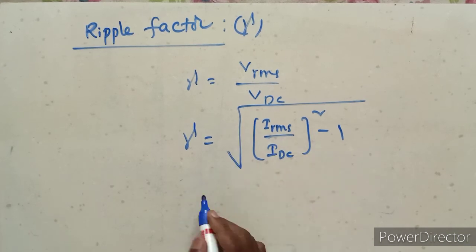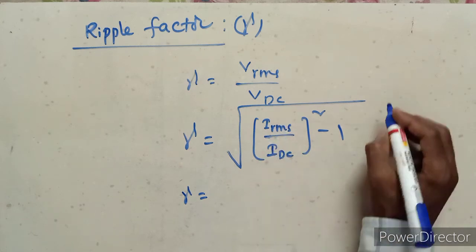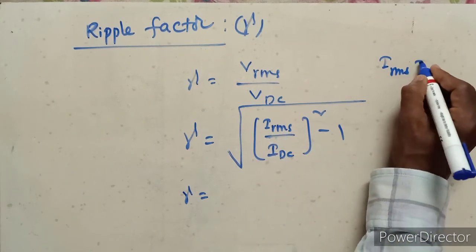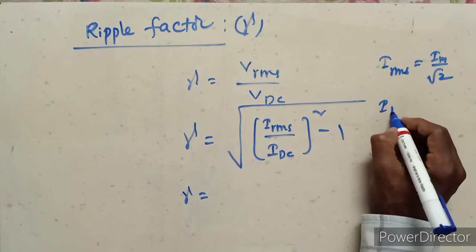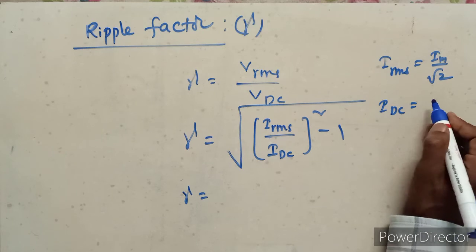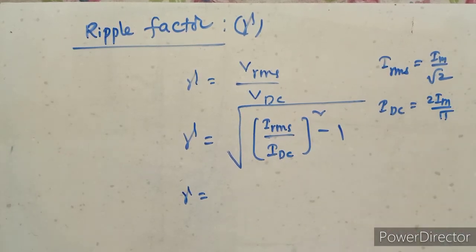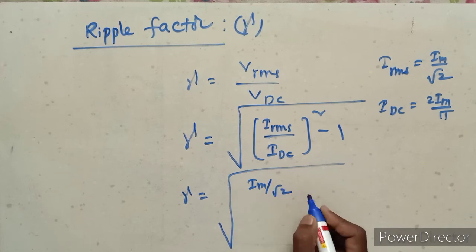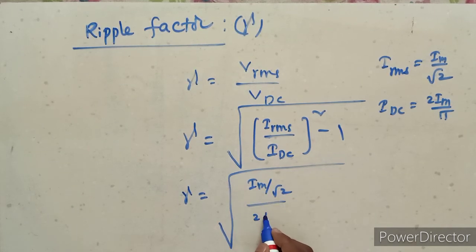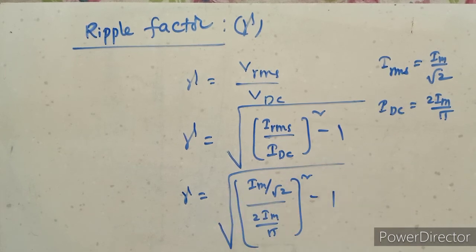IRMS is Im upon under root 2, and IDC is 2 Im upon pi. Substituting these two values in this equation, gamma equals under root of (Im upon under root 2 divided by 2 Im upon pi) whole squared minus 1.